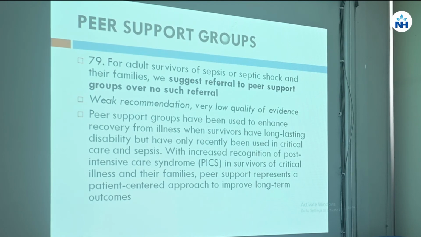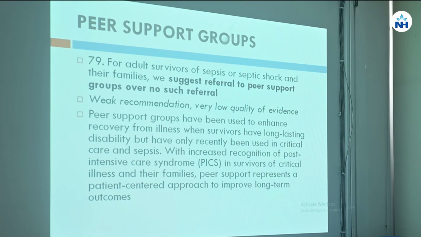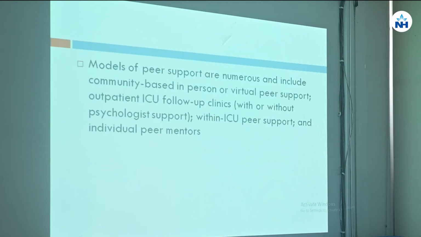With increased recognition of post-intensive care syndrome in survivors of critical illness and their families, peer support represents a patient-centered approach to improve long-term outcomes. Models of peer support are numerous and include community-based in-person or virtual peer support, outpatient ICU follow-up clinics with ICU peer support, and individual peer mentor.